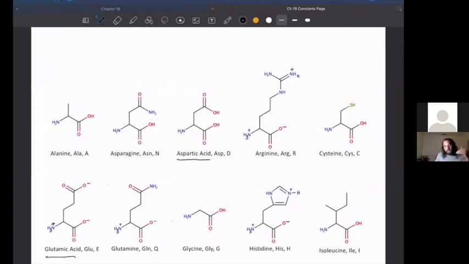Your book does a good job of referring to it in the correct physiological pH form. That's just not going to be the case, normally, honestly. Aspartate is the deprotonated form, but the name of the amino acid is aspartic acid. Glutamate is glutamic acid. Okay, so that's just something that we want to be good at, knowing what's being talked about there.